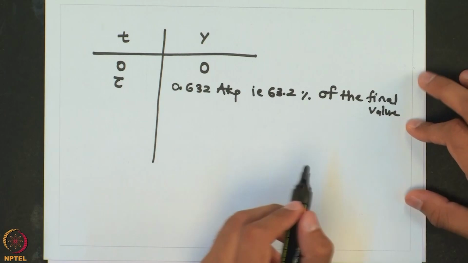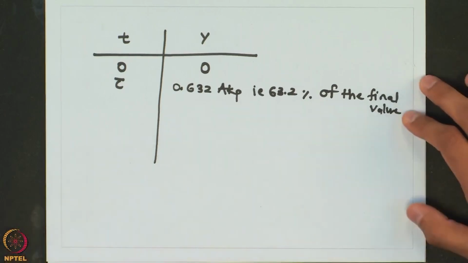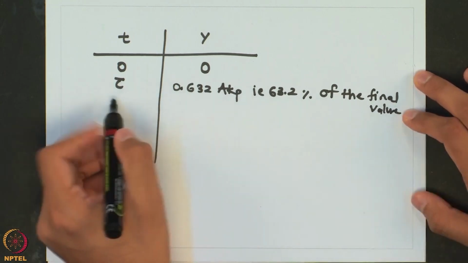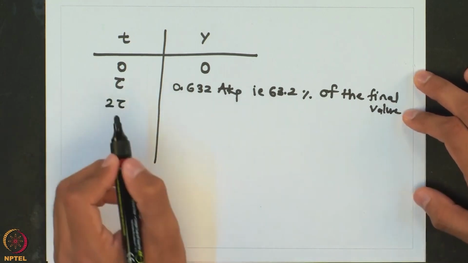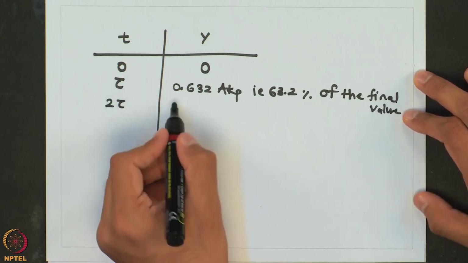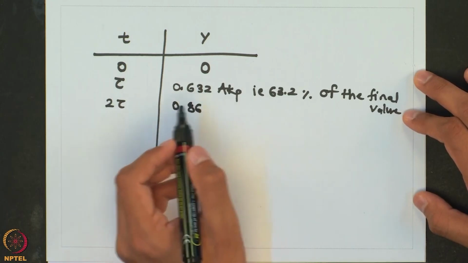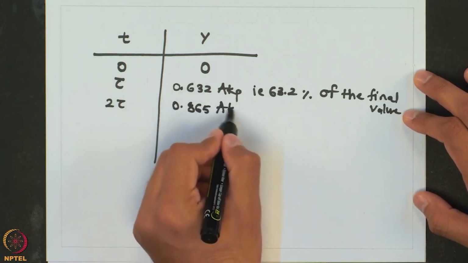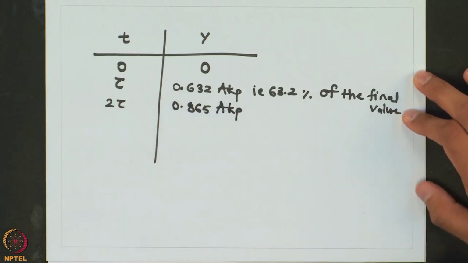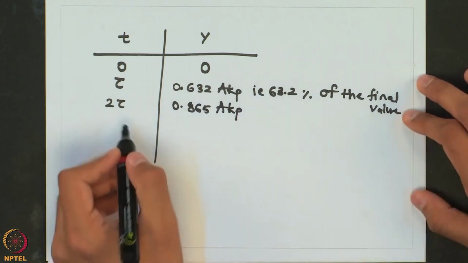So, within the interval of time t equal to tau, we have already completed the journey up to 63% of the final response. If we look at the similar value at 2 tau, the value we are going to get is 0.865 AKP. So, within 2 tau, the system reaches more than 85% of the final response.